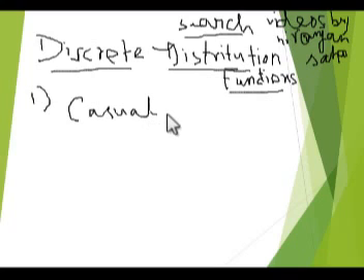Casual distribution function. In short, it can be written casual DF. Here, all the values the random variable can take are called its spectrum.